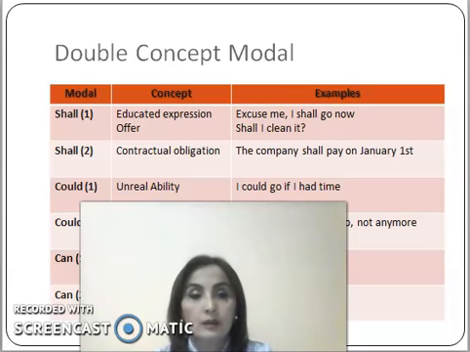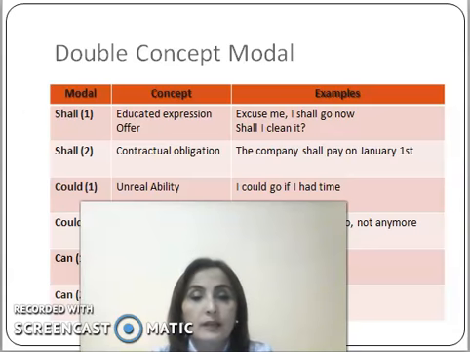The second meaning of "could", possibility, is expressed here. She could play the piano, not anymore.